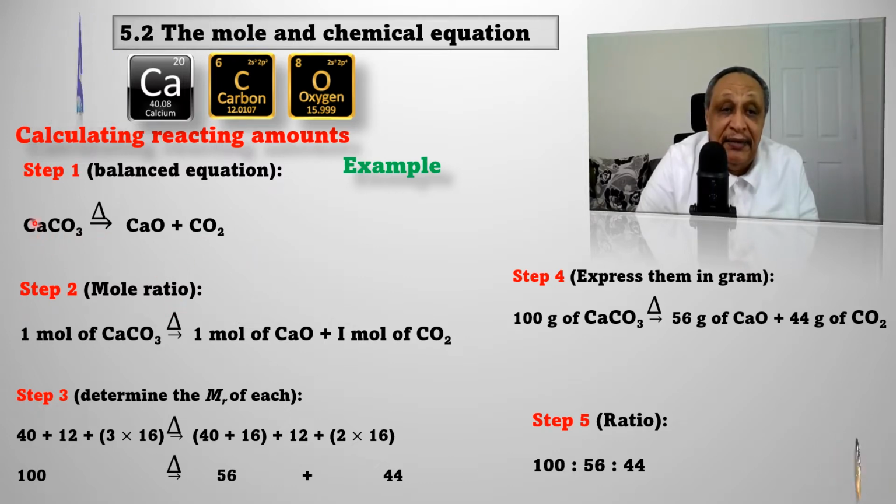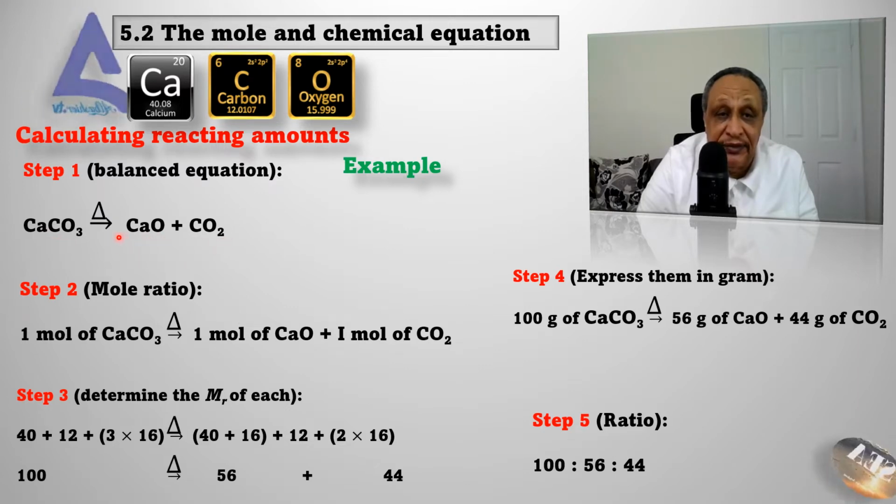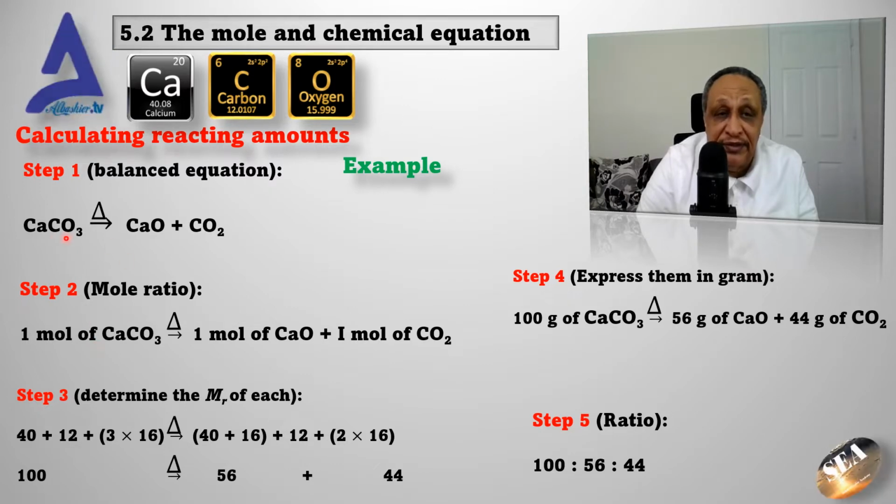When we make a balanced equation, it is going to be like this. Calcium oxide has 1 oxygen, with 2 oxygen of carbon dioxide. Those are 3 oxygens. Here we have 3 oxygen atoms. We have only 1 calcium atom and 1 carbon atom. So it's balanced now.